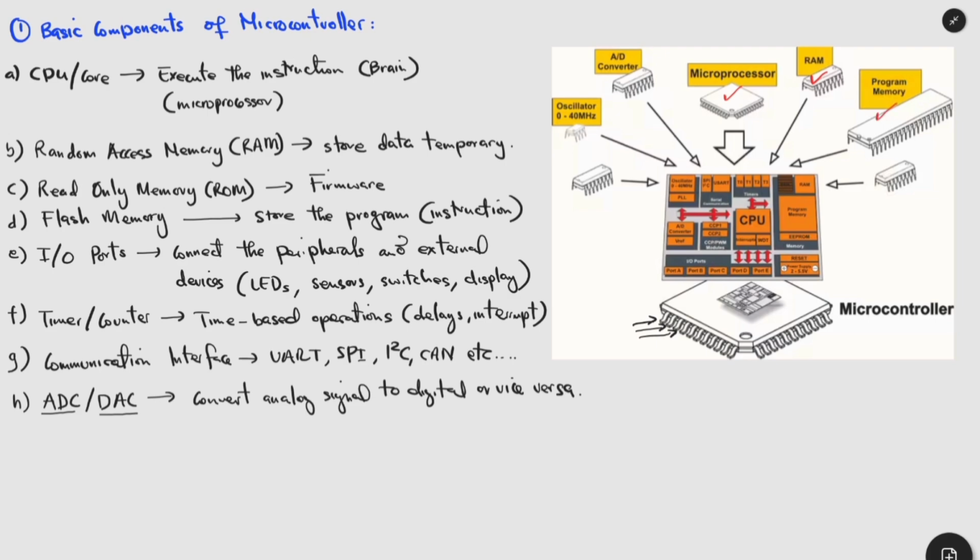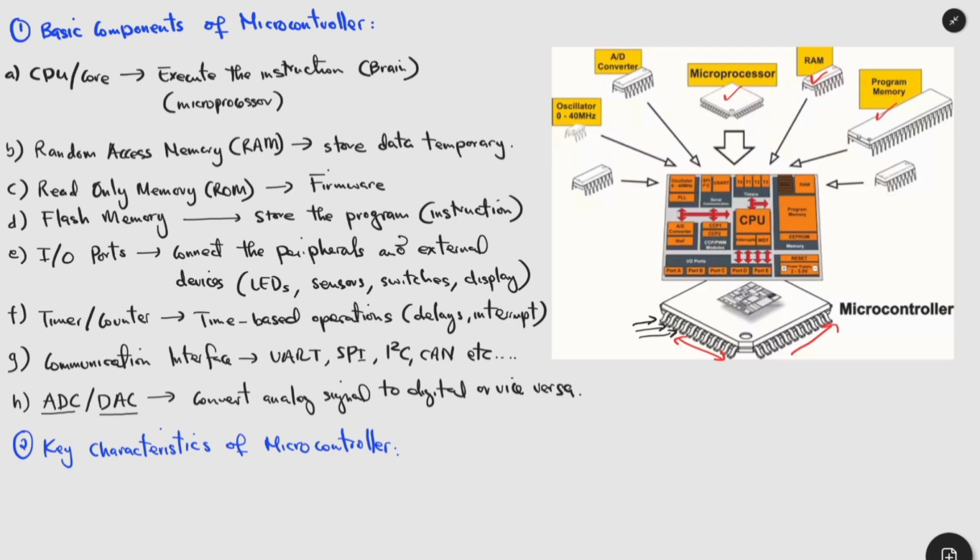It has the input and the output ports, like the pins we see here, and we have the timer and the counter which are built in, and we have the communication interface and the analog to digital converter circuit or the digital to analog converter circuit. All microcontrollers will have these basic components. So I believe with this explanation you can fully know what a microcontroller is.